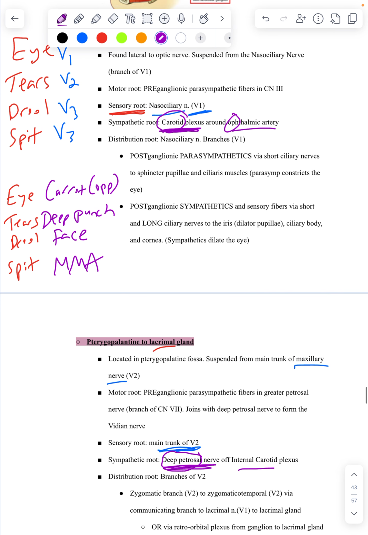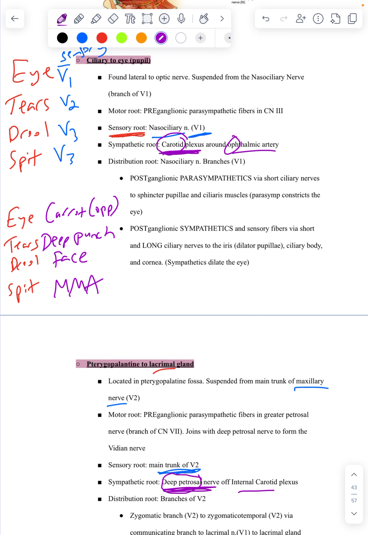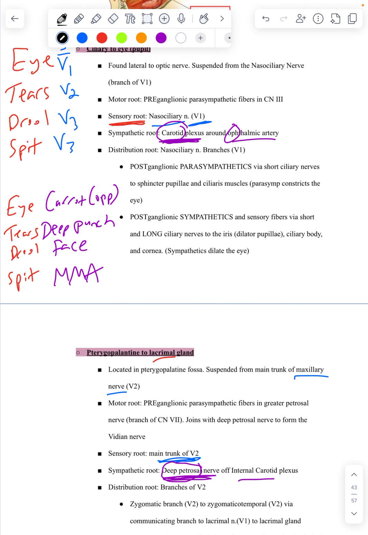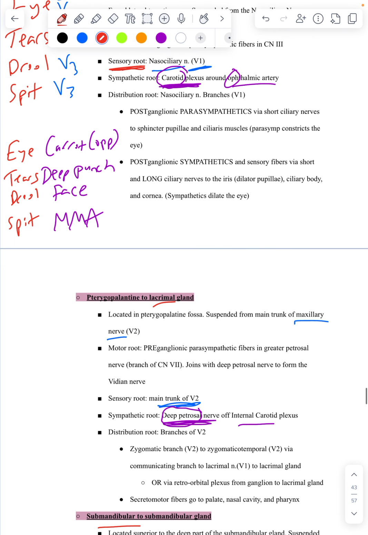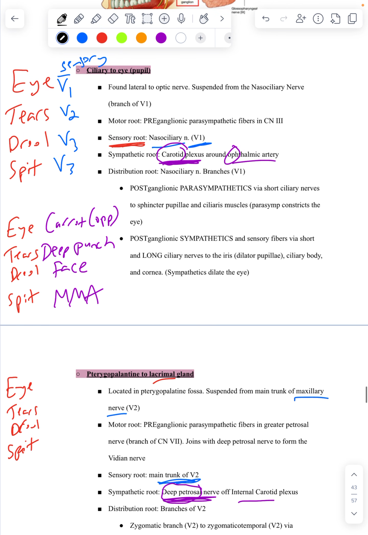I know, I'm sorry. So the last one is the motor one. So for the motor one, again, eye, tears, drool, spit. For motor, so when we're thinking of motor, like you're moving around, you're active because you're trying to lose weight, right?